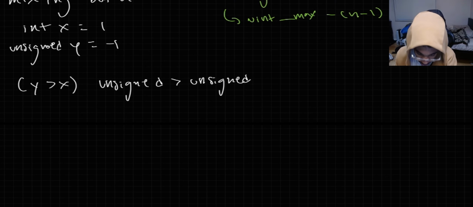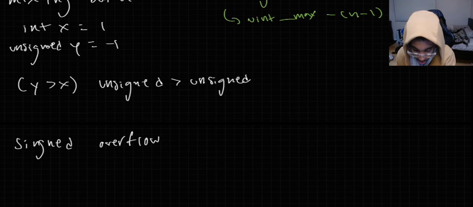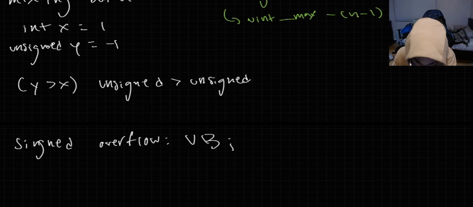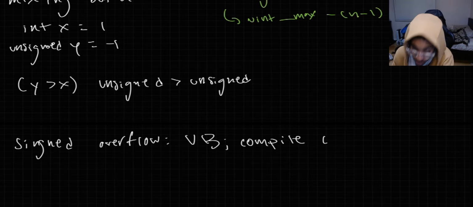And then when it comes to overflow and underflow, signed overflow will always be undefined behavior. And that is because the compiler is allowed to assume that you're never going to go over the max value for a specific integer type.